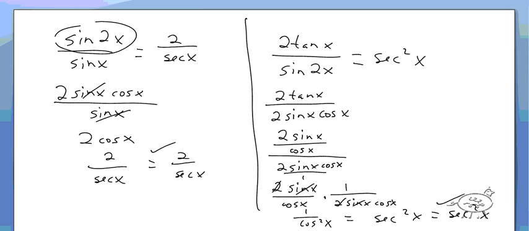Okay, so let's try a couple more. We have secant squared of 2x minus 1 over secant squared of 2x equals sine squared of 2x.